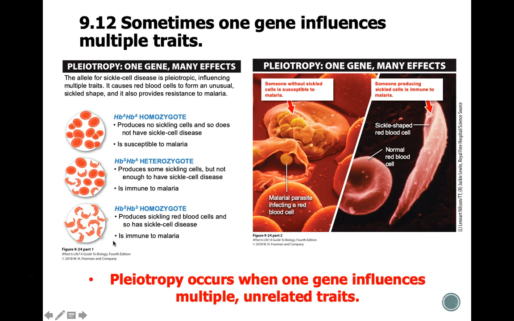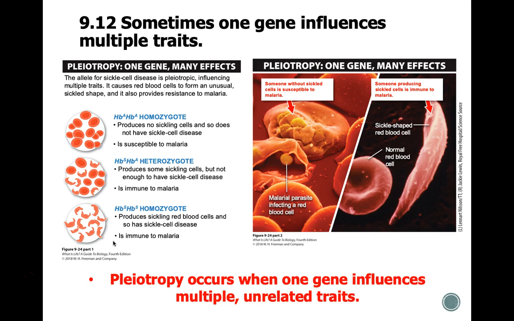Now remember that sickle cell is potentially fatal. Individuals that produce these defective red blood cells have a decreased oxygen carrying capacity. These defective blood cells accumulate in blood vessels and cause extreme pain.